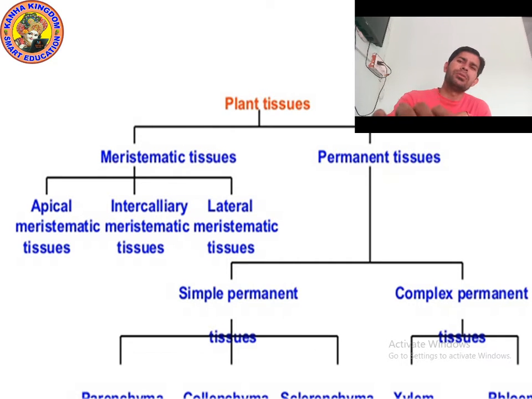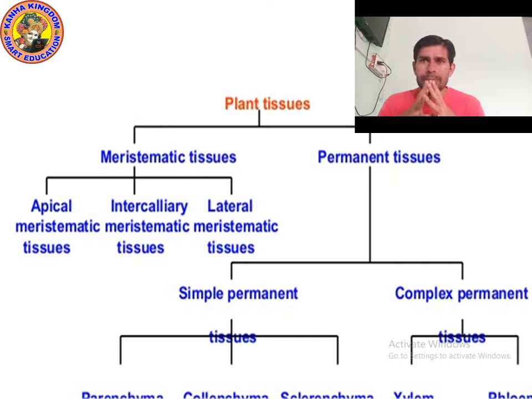Now as you can see on your screen, there are two types of plant tissue: meristematic tissue and permanent tissue. Meristematic tissue can be divided into three categories: apical meristematic tissue, intercalary meristematic tissue, and lateral meristematic tissue.